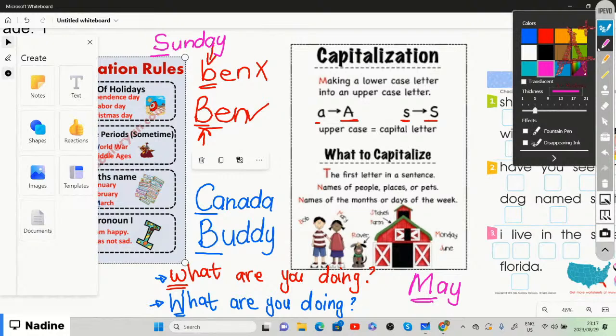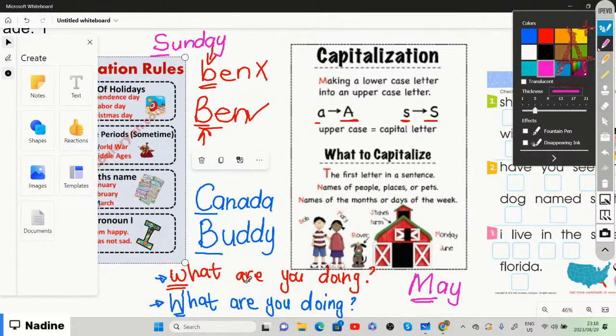We capitalize the first letter of a sentence. The start of a sentence needs to be capitalized. Names of people need to be capitalized. Names of places need to be capitalized. Names of pets need to be capitalized. Months of the year and days of the week need to be capitalized, meaning that we need to write them with a capital letter.